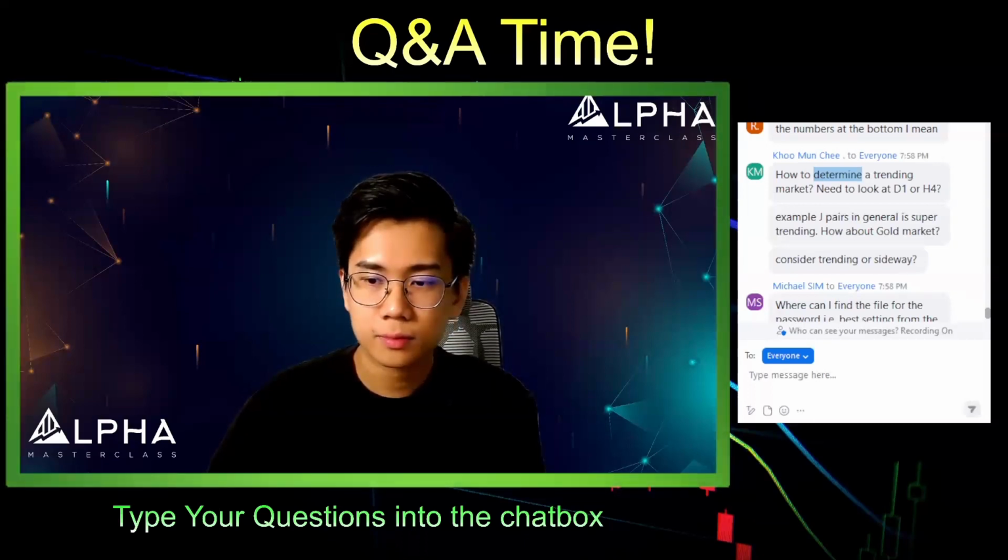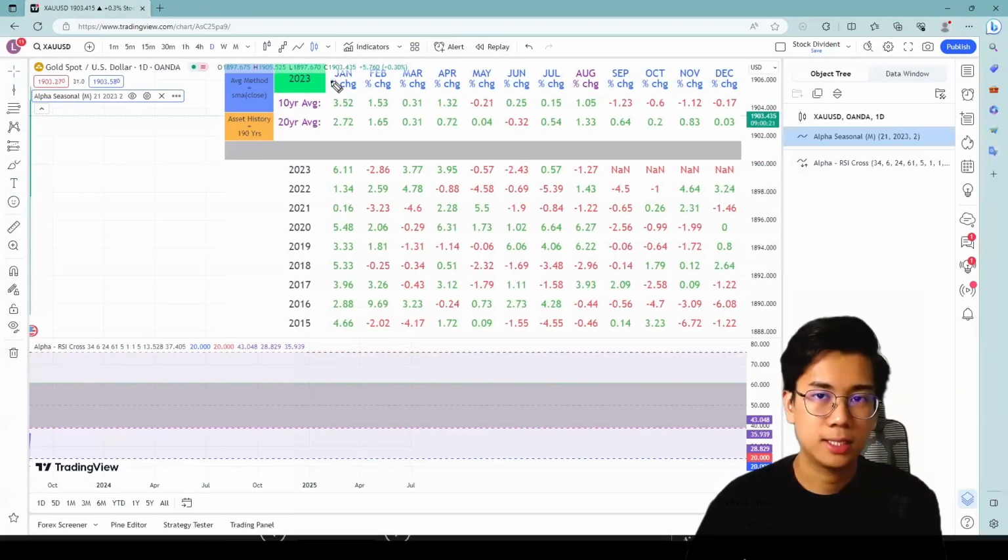For example, in the gold market, based on the mean absolute numbers, you can see January had the largest number, but July had the smallest number.